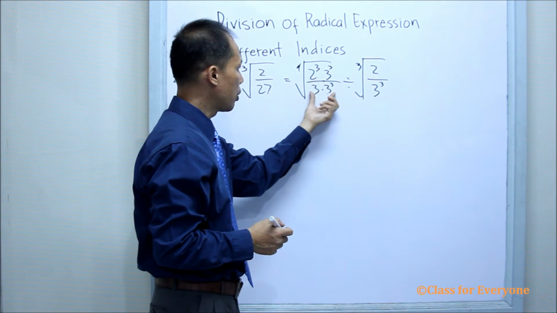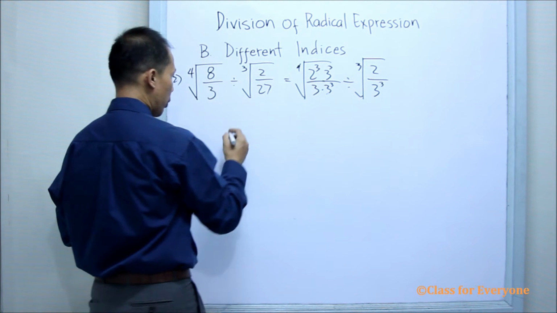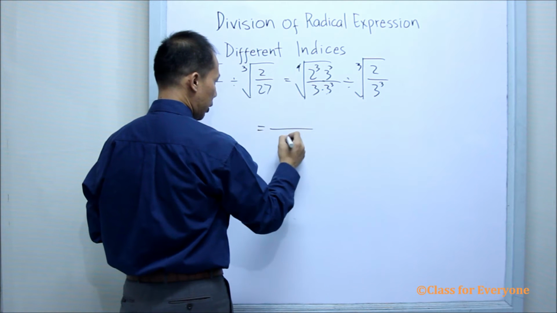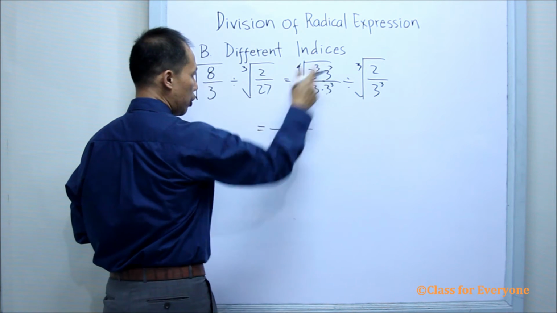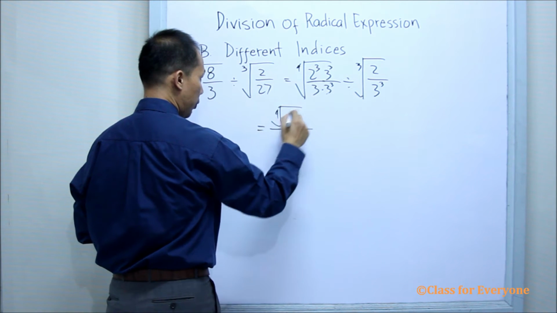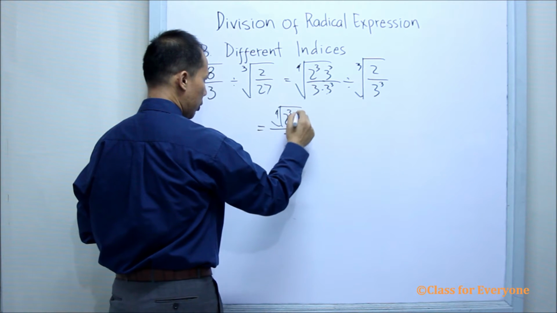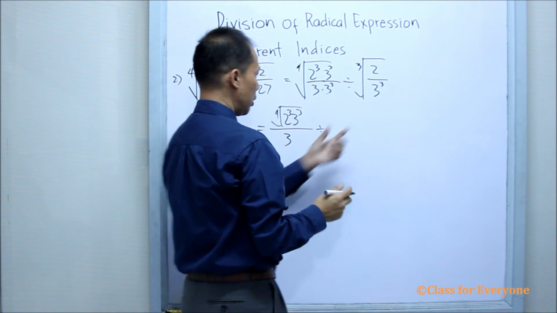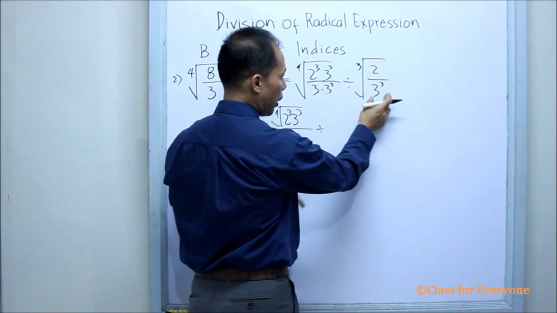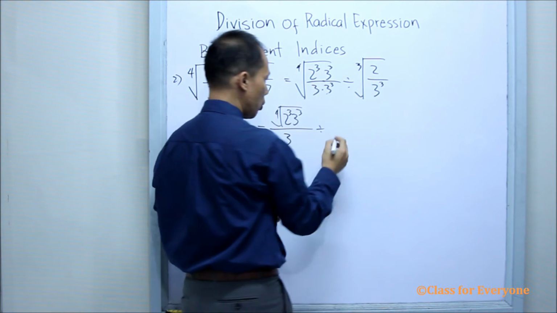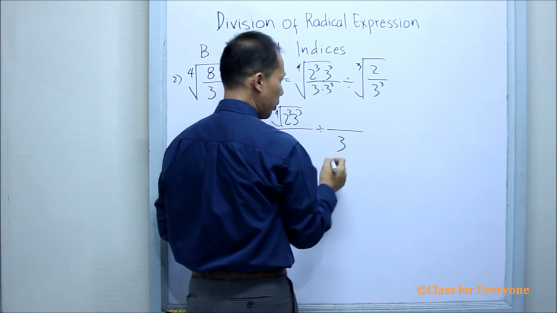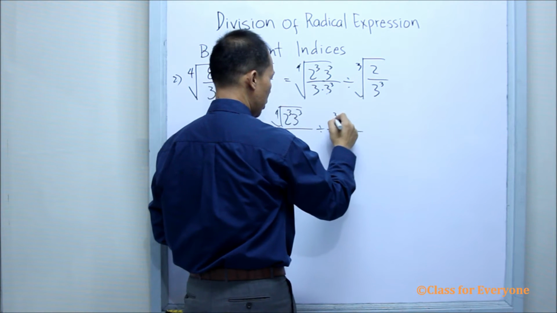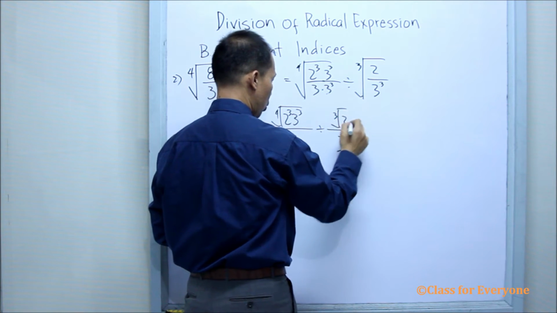So we can extract this denominator. So therefore, we'll have a denominator of 3. Then the numerator is the fourth root of 2 cubed, 3 cubed. While the second radical, the denominator is already a perfect cube. So we can extract it. That will be 3. The numerator is the cube root of 2.